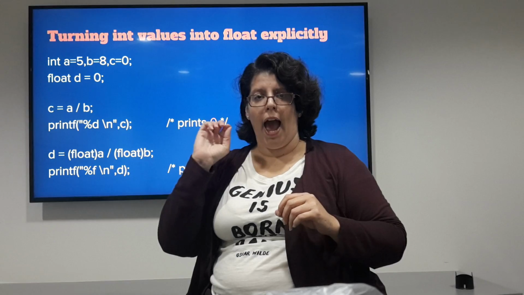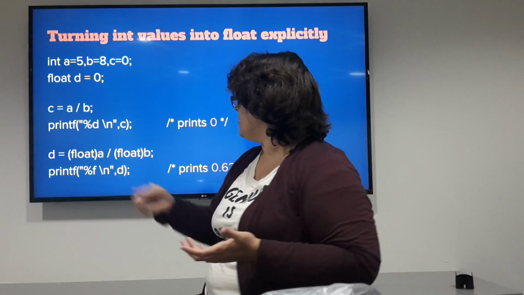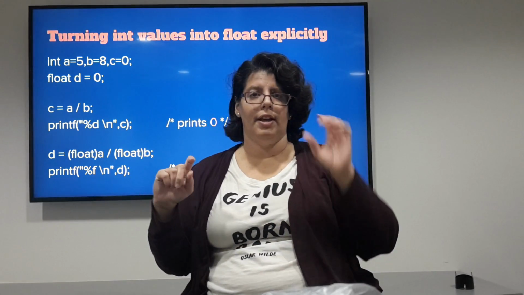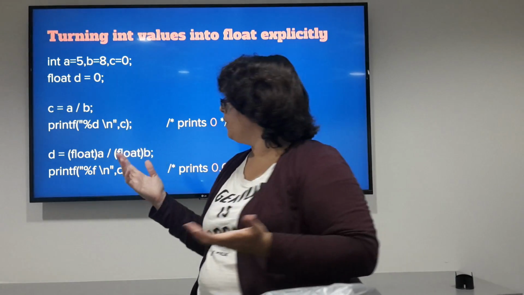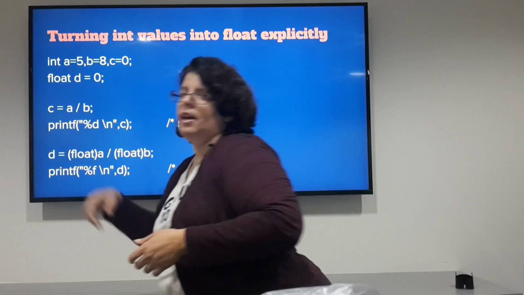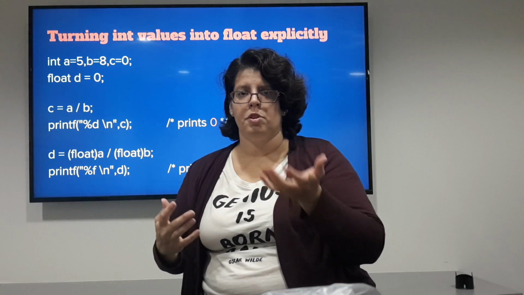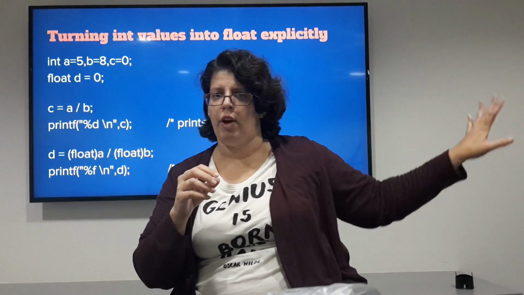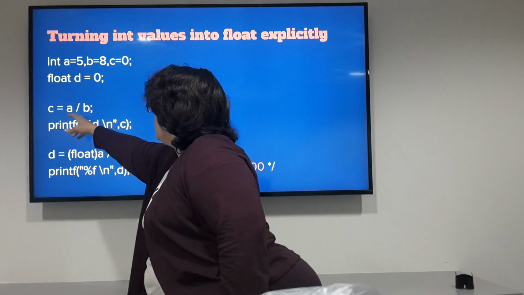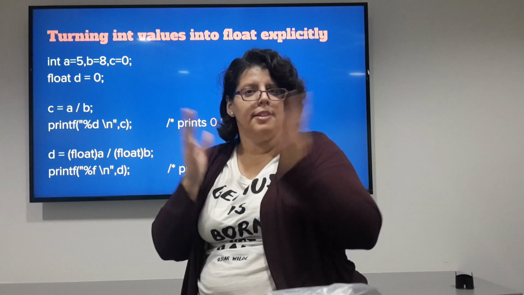So if I did it on a calculator and I said 5 divided by 8, I would get 0.625. And I want to put the answer inside of c. c can only do whole numbers. So c is going to take the 0.625 and just throw away the decimal part. So the answer to this, 5 divided by 8, is 0.